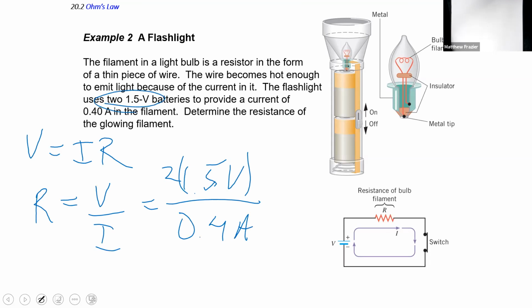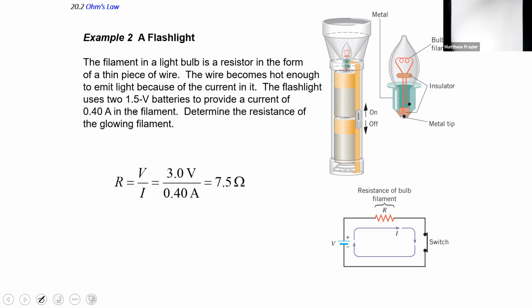And then we'll get something in ohms. And when we calculate that out, it's 7.5 ohms. And if you measured light bulb resistors, if you measured the resistance, that's what you would get. You'll do measuring of resistance in the next lab. And it'll just be take a meter and probe it. We'll have meters available at some point.